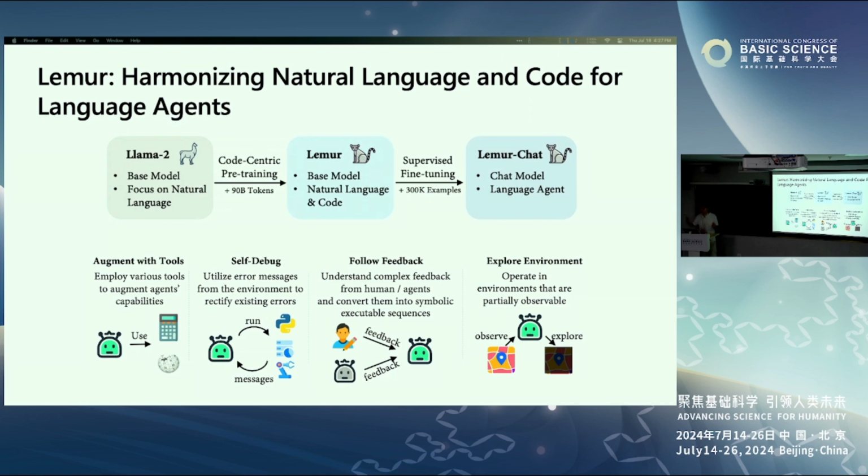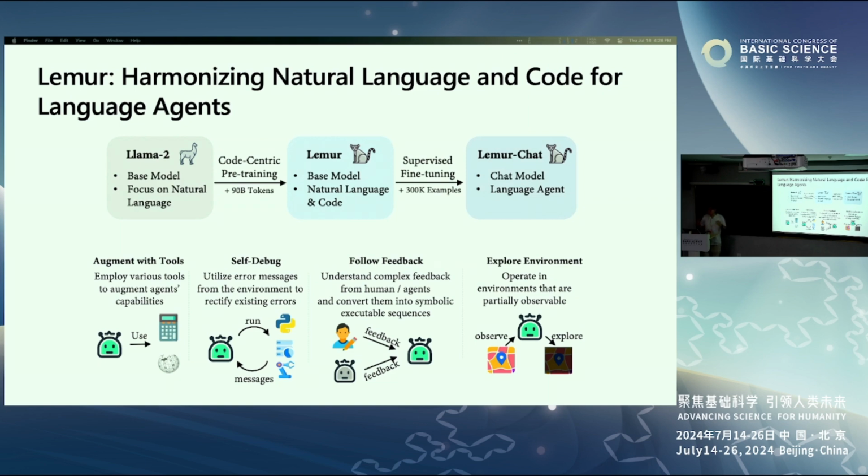We actually train a large language model with 70 billion parameters from Llama 2 and build a language model called Lemur, which is very good at both natural language ability and code ability.